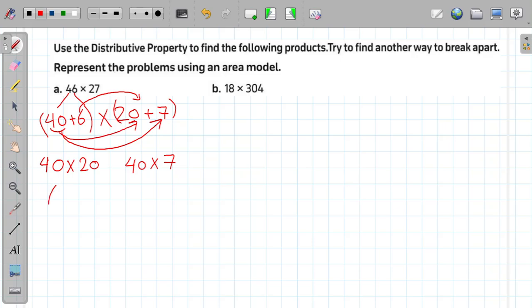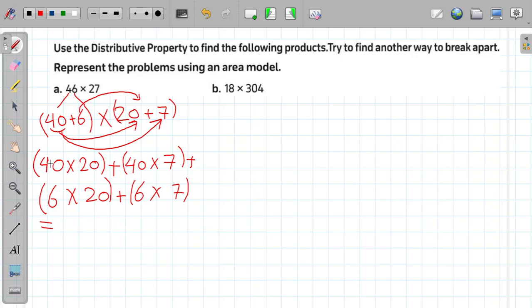So I have 6 times 20 and 6 times 7. Okay, this is the first one, this is the second one, this is the third one, and this is the last one, and I will add them together. So the first one plus the second one plus the third one plus the fourth one, and I want to get the result like this.